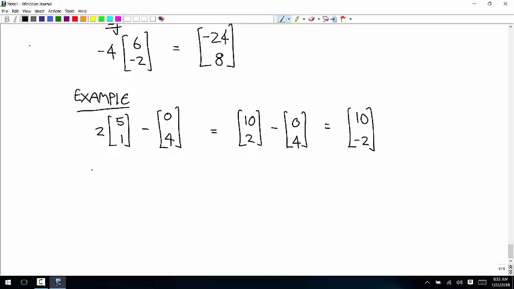And notice that you can do all these vector operations as two scalar equations. Each one of the components is multiplied by the number.